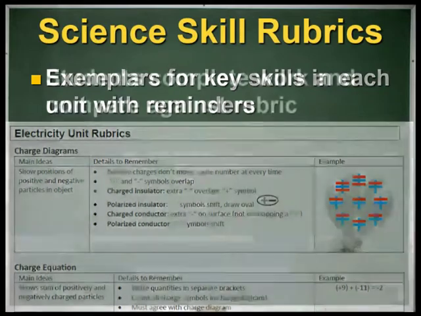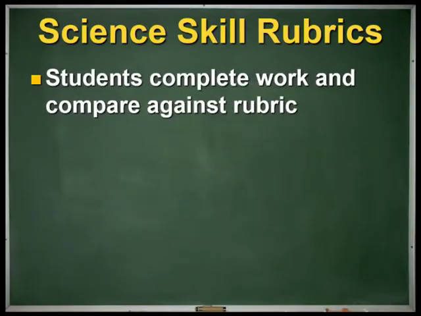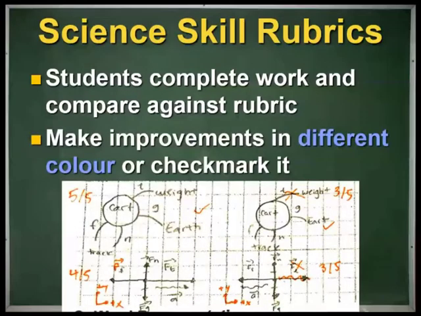And so when it comes time to use the science skill rubrics, the students will have just completed a task themselves. And then I will ask them, okay, turn to your rubric page and compare your work against the rubric, or use the rubric as a guide to assess how well you did it. And here's the important part. Make improvements using a different color, or check mark it if it's fine.